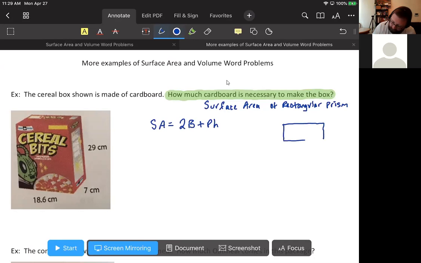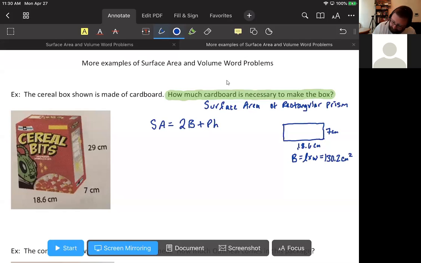So to me, I would think, oh, well, the base is 18.6 centimeters by 7 centimeters. So for the area of the base, it's a rectangle, so we do length times width. 18.6 times 7 would be 130.2 square centimeters.